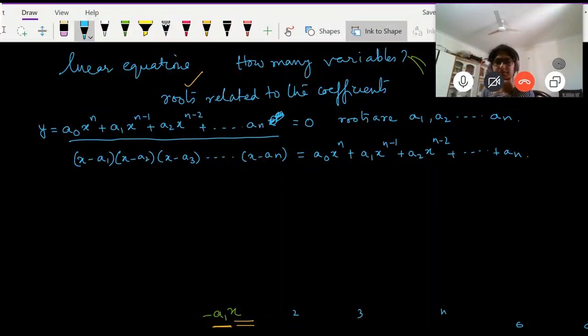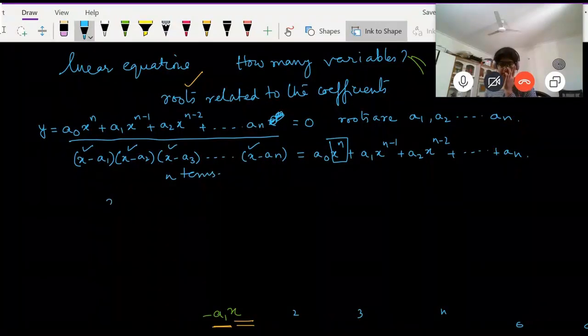So now what I'm doing is I want to equate the coefficients of all the powers of x. So I start off with x to the power n. Now how can I get x to the power n? I will get x to the power n by multiplying all the x terms that are there, right?